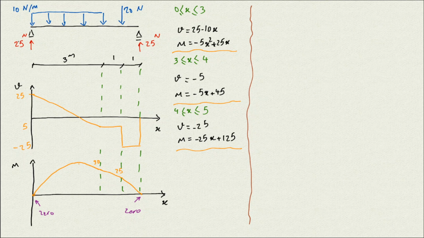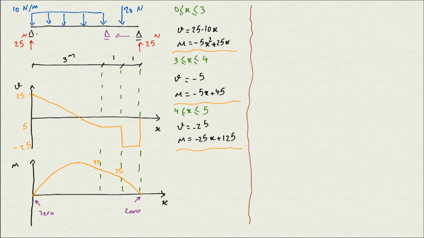So if you have the roller or pin at the end of the beam, the moment at that support is always going to be 0. If this point B, for example, instead of being at the end of the beam, was somewhere in the middle of the beam, for example if it was here, then in that case the moment was not 0 because it's not at the end of the beam. Only if it is at the end of the beam, the moment at that end of the beam is going to be 0.